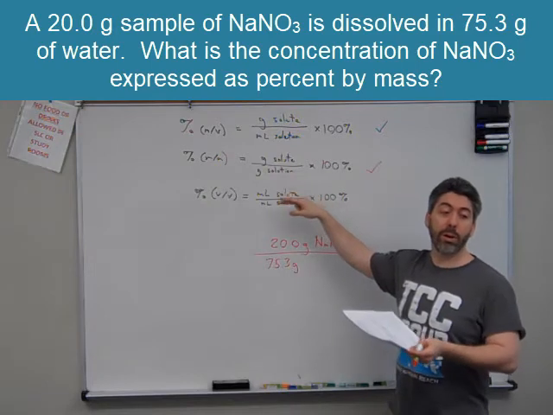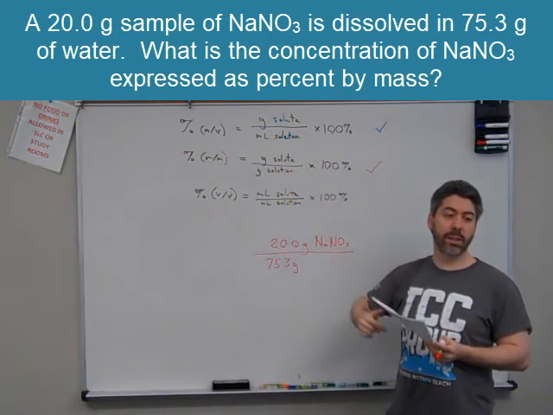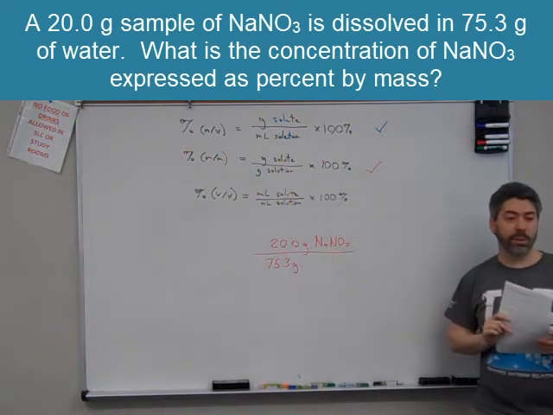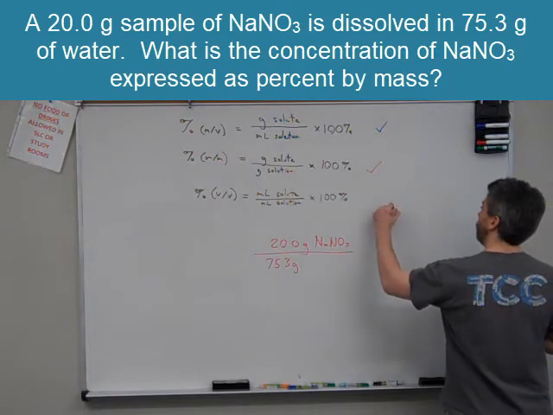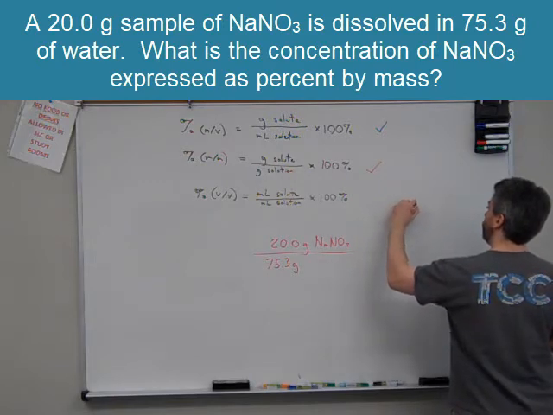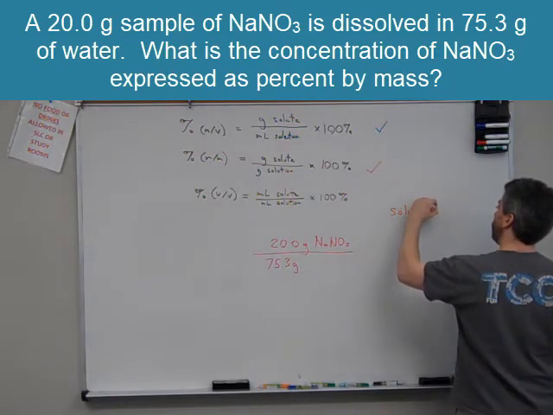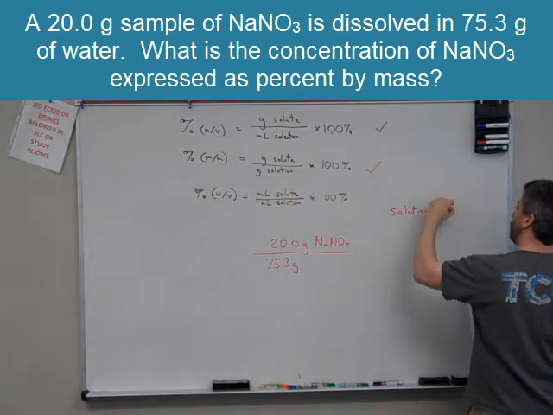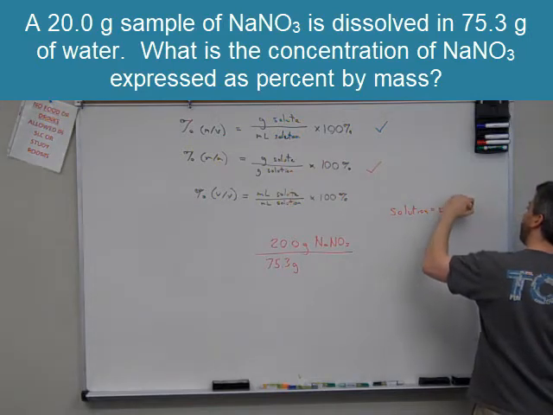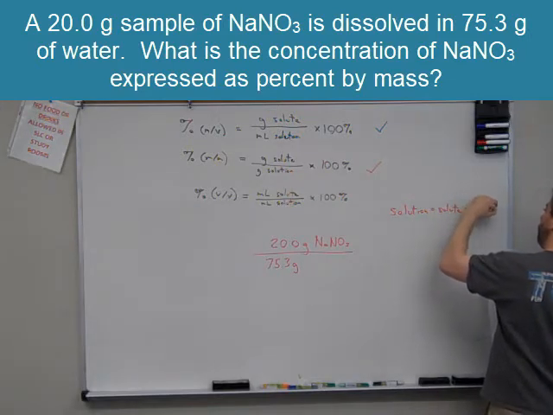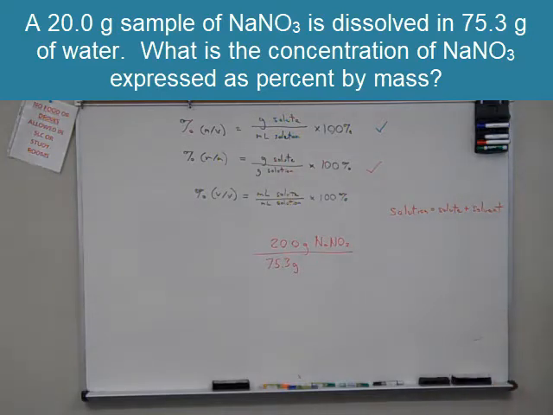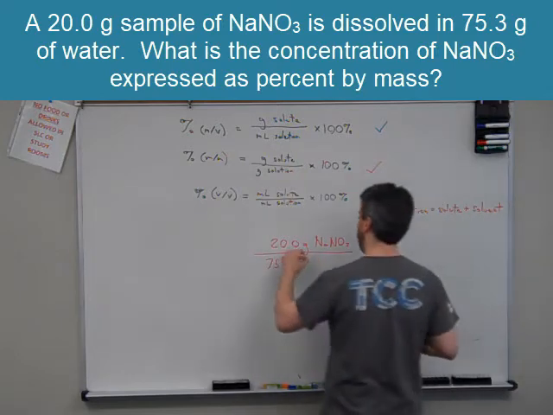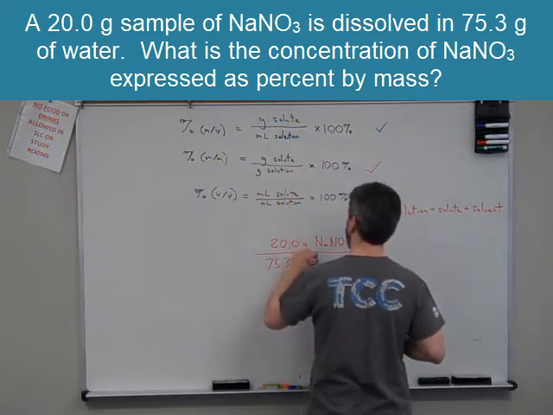Water is only part of the solution. What's the other part of the solution? Solution is the solute plus the solvent. The 75.3 grams of water here is just the solvent.